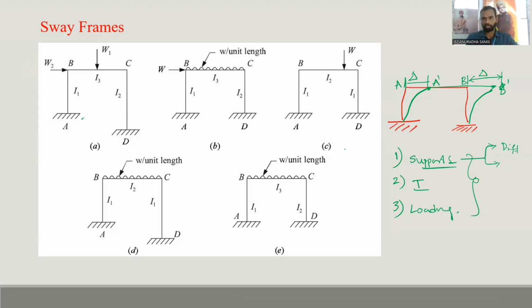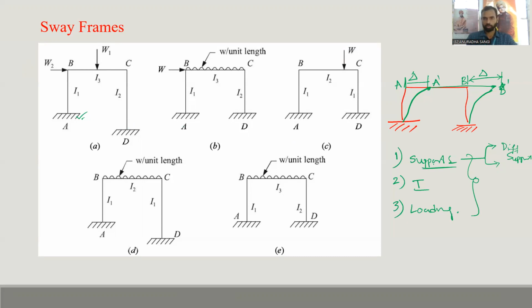So the first one is different supports: for a frame, two different supports, one fixed support and another roller support, or one fixed support and another hinged support.